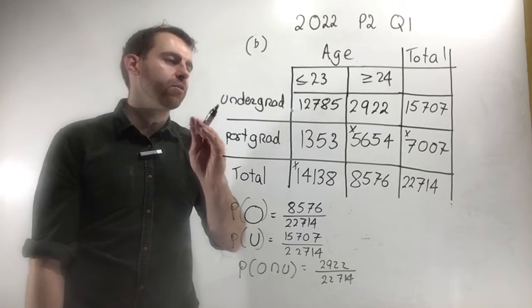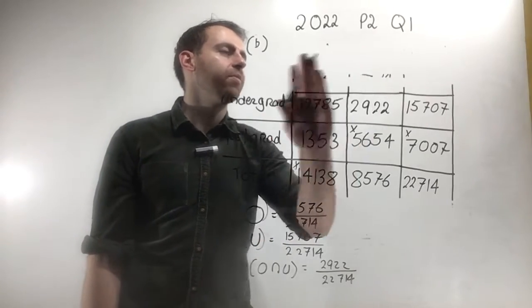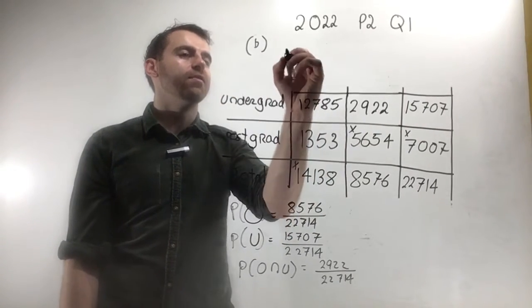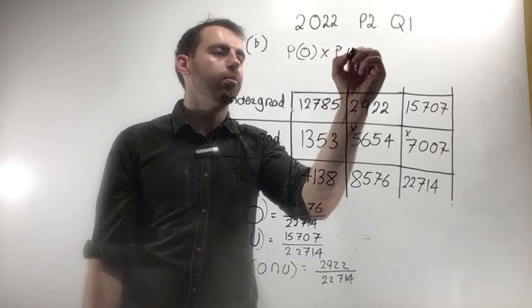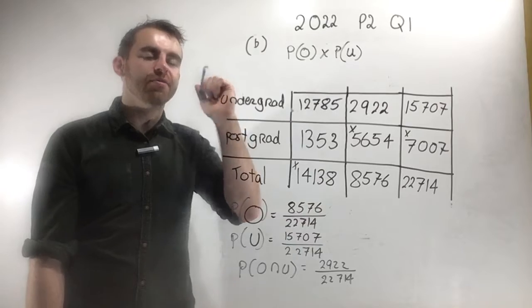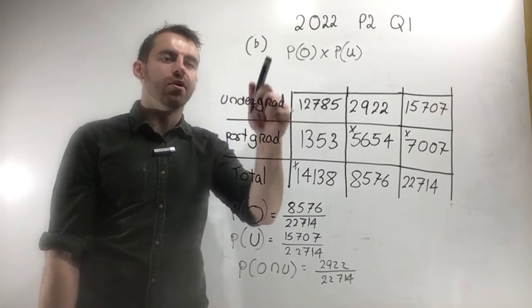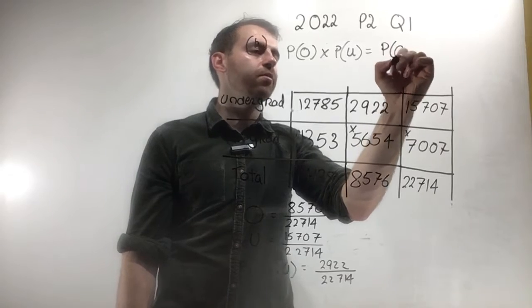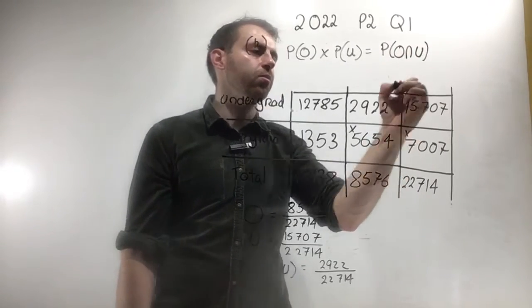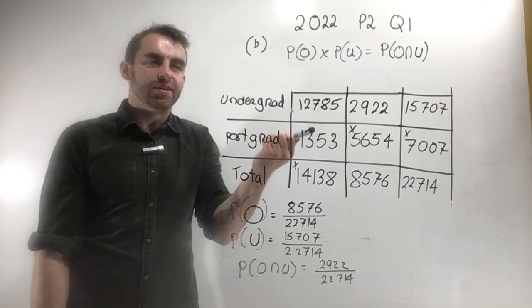Remember your definition for independent events. If they're independent, then the probability of O multiplied by the probability of U should be the same as the probability of O intersection U. So that's the formula that I need to sub into.